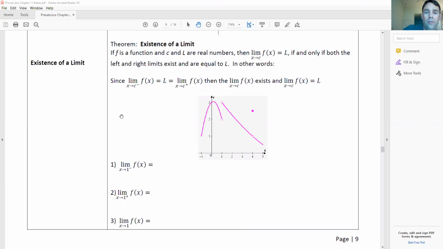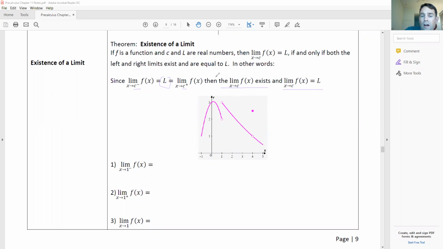In order for a limit to exist, it has to be equal to the same thing on both the left side and the right side. So in order for a limit to exist, the left-sided and right-sided limits both have to be equal to the same value. If that's the case, then the limit itself exists and the limit at x equals that.